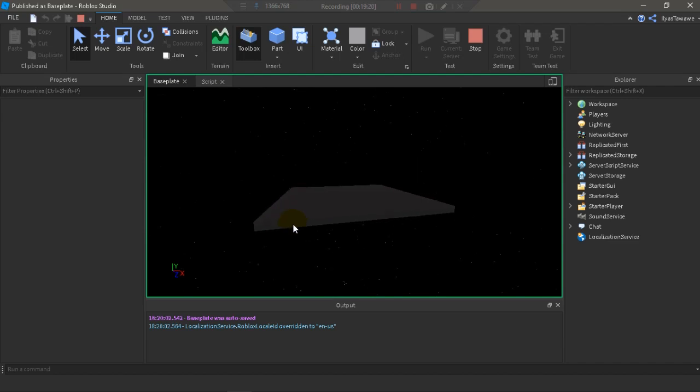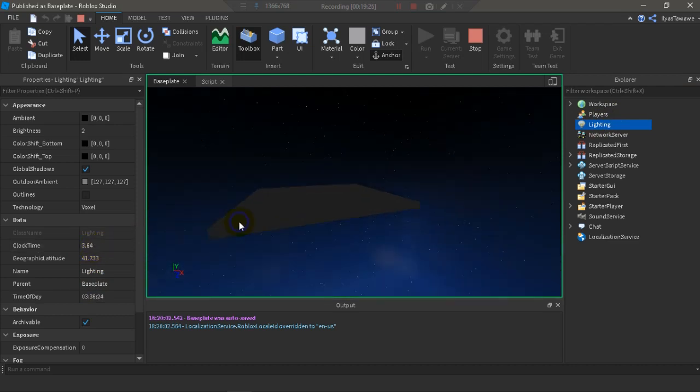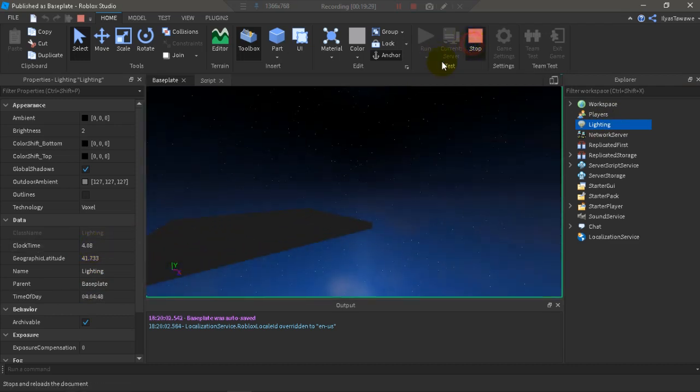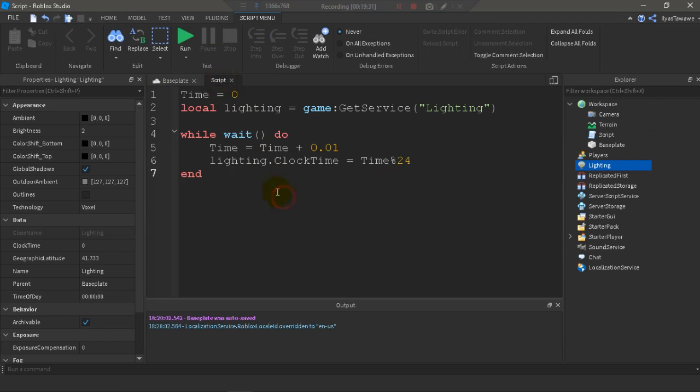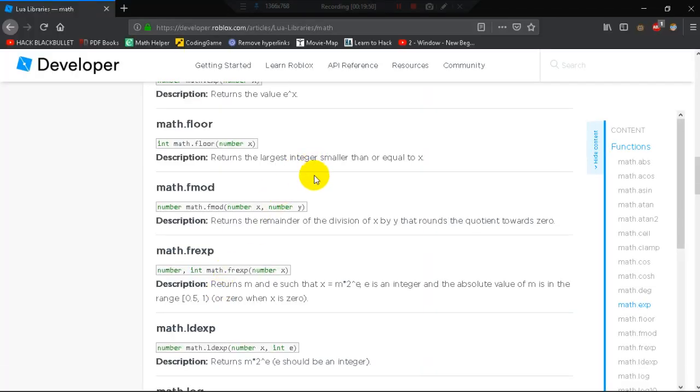Okay, and if we see the lighting right now, it's changing, and it's the day. So anyway, I've gotten into this remainder a lot. I just wanted to share this with you because maybe you're going to use it in the future of your scripting career. When I just started, I didn't know what the remainder could do, so I'm just giving you examples so you can know the power of this remainder too.